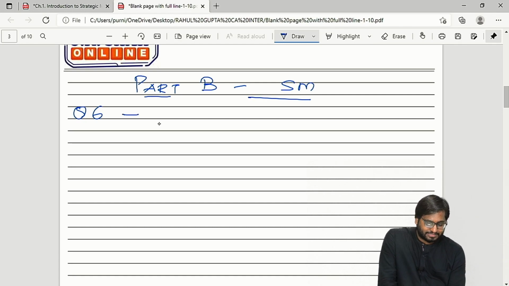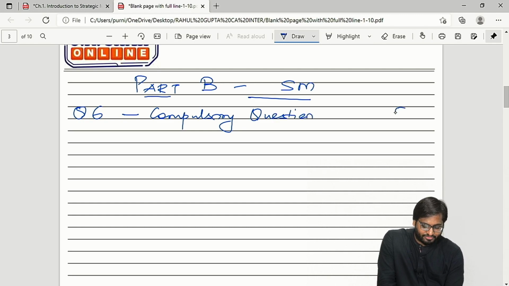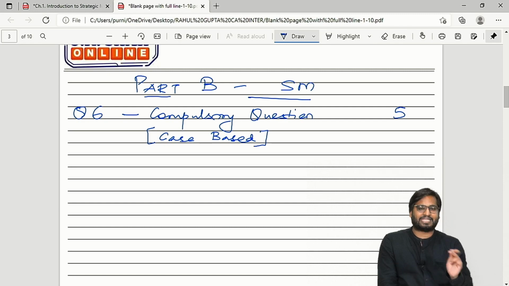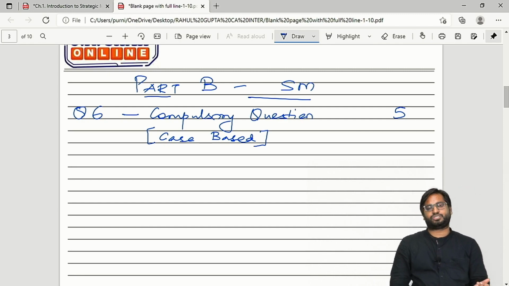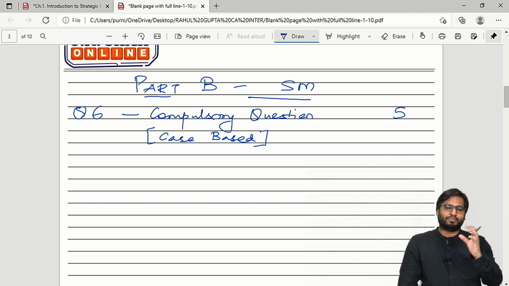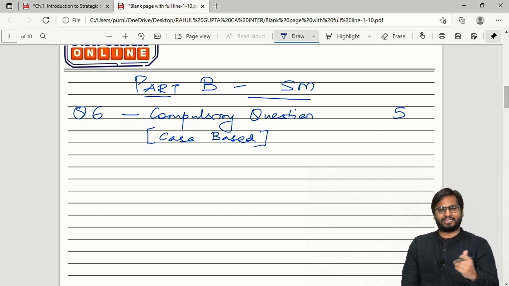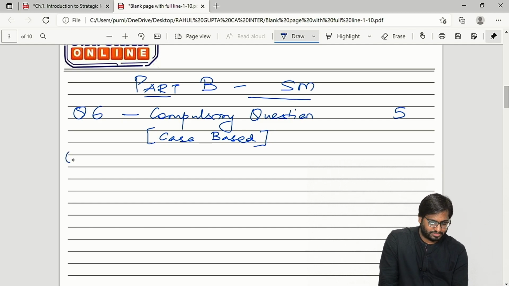Question 6 will be a compulsory question, and this compulsory question will be of 5 marks, and it is observed based on our past trend that it is a case based question. What do you mean by case based question? Scenario based. You will be given one situation, and then according to that situation you need to answer the question.